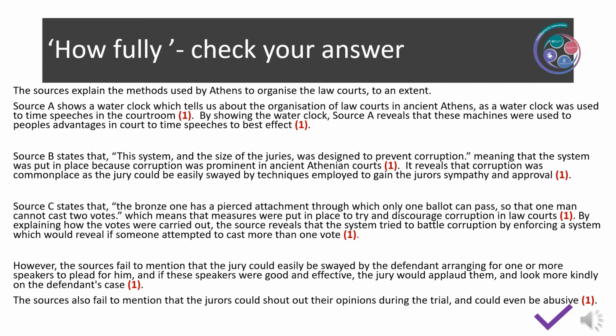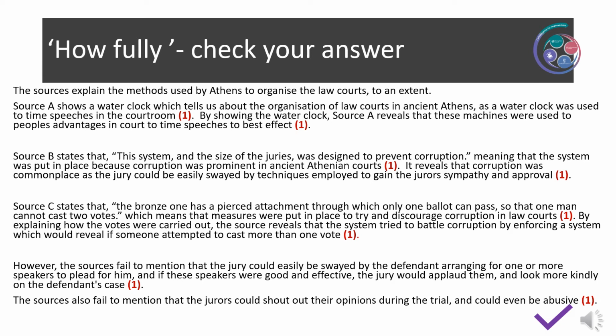Source B states, quote, "This system and the size of the juries was designed to prevent corruption," meaning that the system was put in place because corruption was prominent in ancient Athenian courts. It reveals that corruption was commonplace as the jury could be easily swayed by techniques employed to gain the jurors' sympathy and approval.